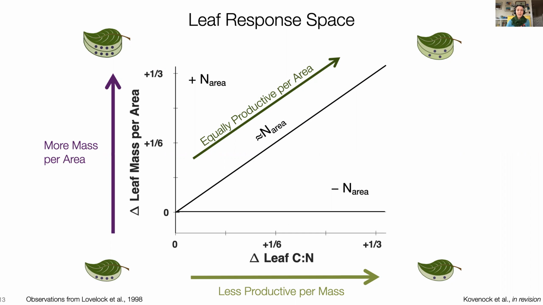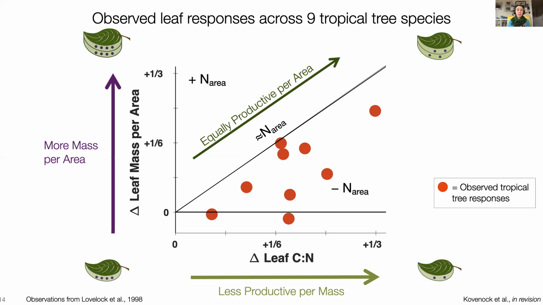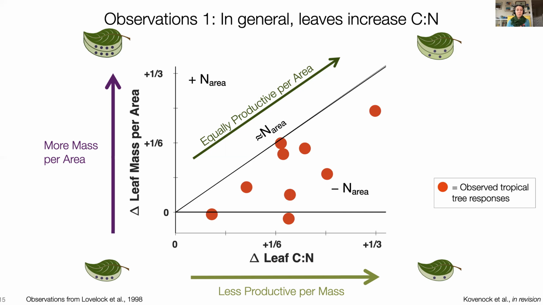I'm going to now overlay the observations from Lovelock et al. 1998 of those tropical trees in 9 different species of tropical trees and show you the observations of how trees responded. And what we see, we have 4 observations of how these trees responded. First, in general, leaves increase their carbon to nitrogen ratio.